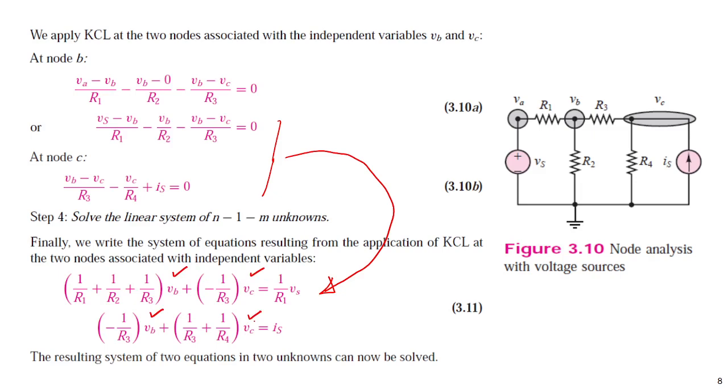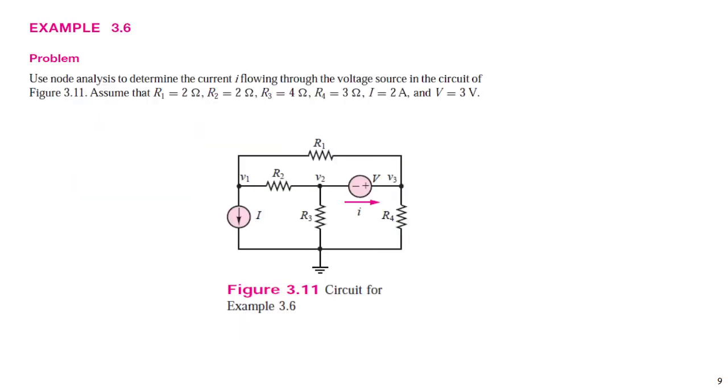Okay, now let's see an example. Use node analysis to determine the current I that flows through the voltage source in the circuit of figure 3.11.